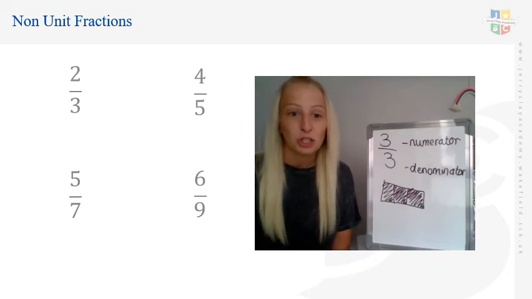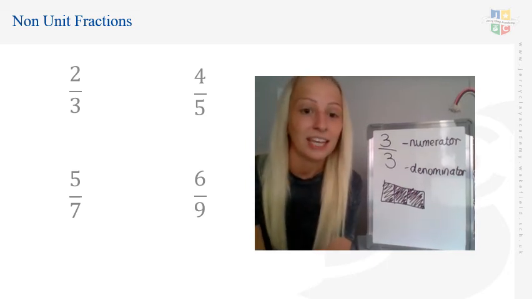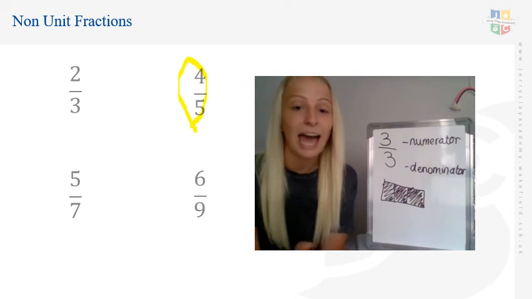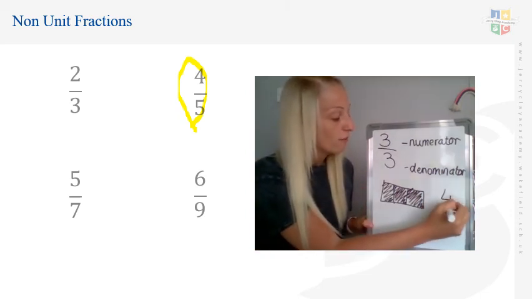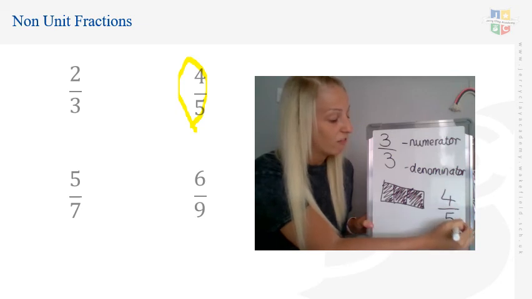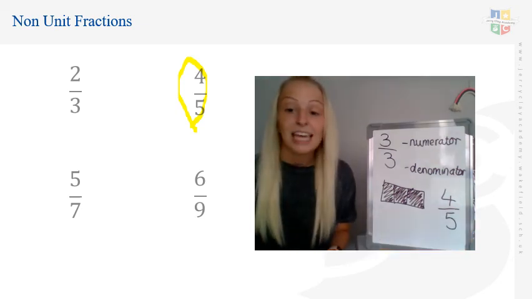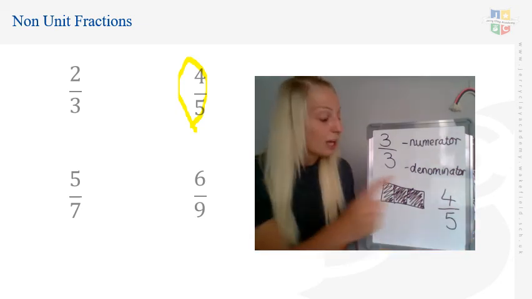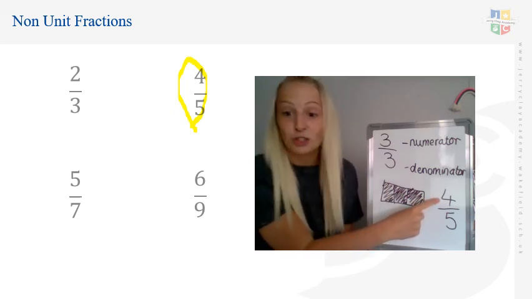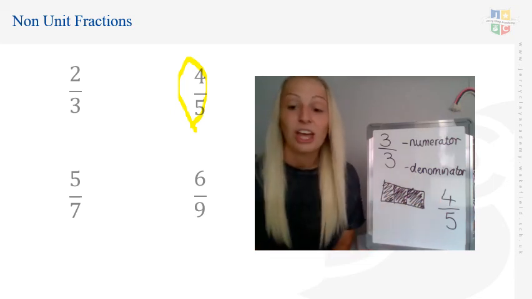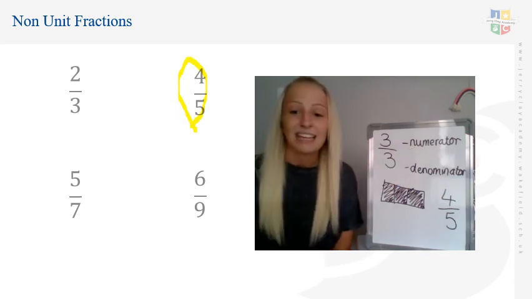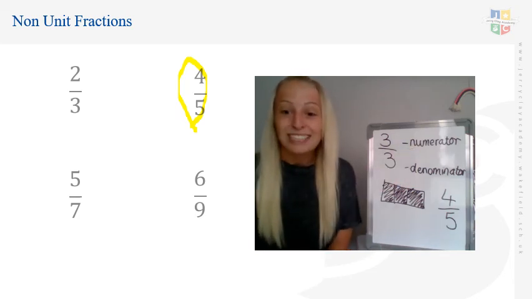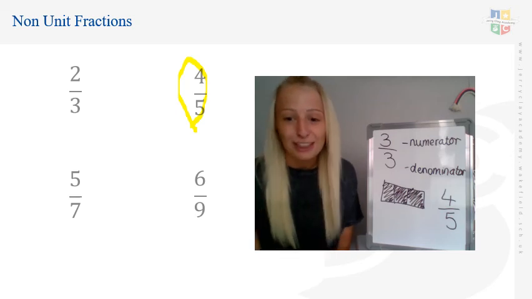On the next fraction, we have 4/5, which means I have 4 of the parts shaded and there are 5 equal parts. This is a non-unit fraction because the numerator is not 1, it's more than 1. So these are all non-unit fractions because the numerator is more than 1. See if you can pause the video now and complete the rest of the worksheet.